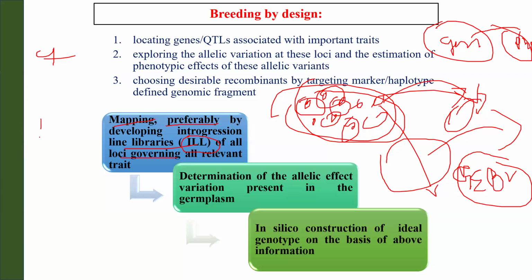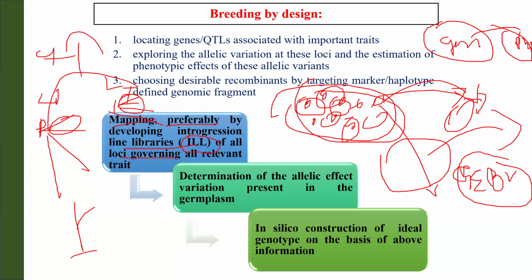For example, take plant height: all the alleles in one library. For another trait, all the alleles in another library. For example, if you want a plant with this color and this height, pick the ideal allele from the library, select this allele, then do crossing and develop. This is the thing.